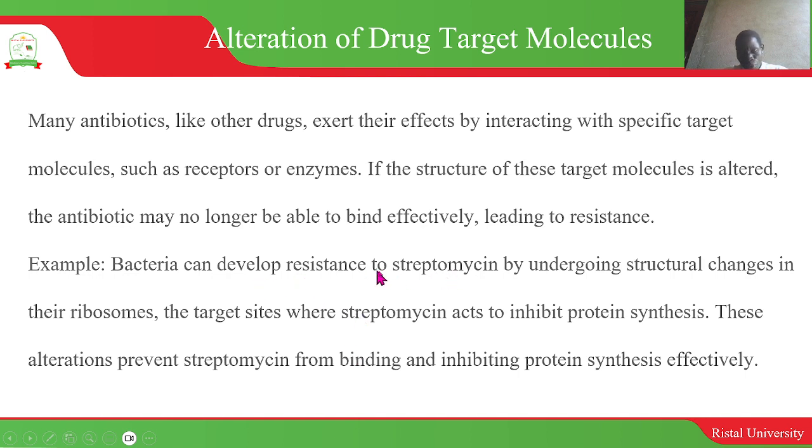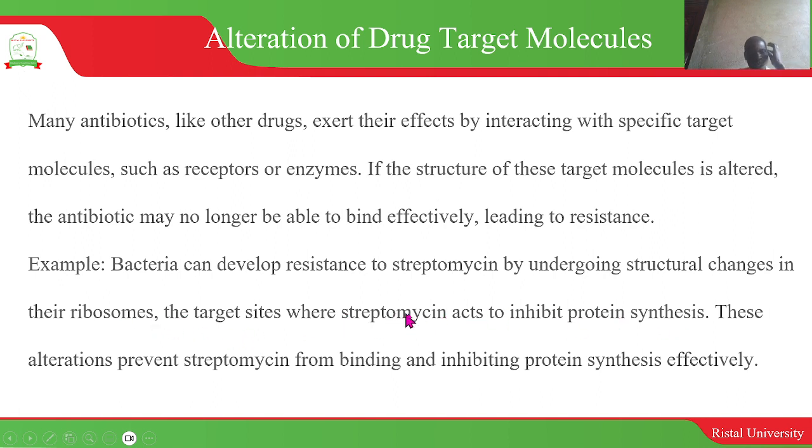some bacteria develop resistance to streptomycin by undergoing structural changes in their ribosomes. We remember that streptomycin, once administered, acts on the bacteria by binding to what we call the ribosomes in the cell. So the target site where streptomycin acts to inhibit protein synthesis is the ribosome. This is how it actually acts.